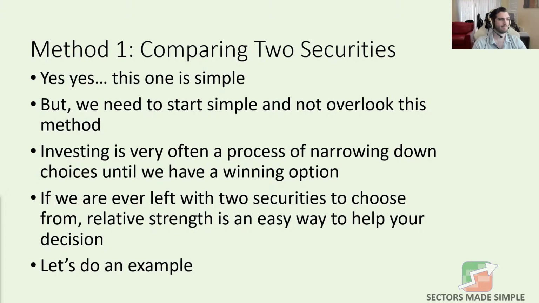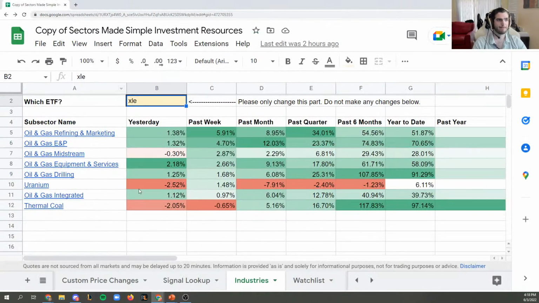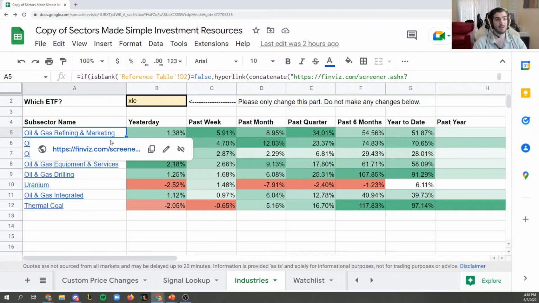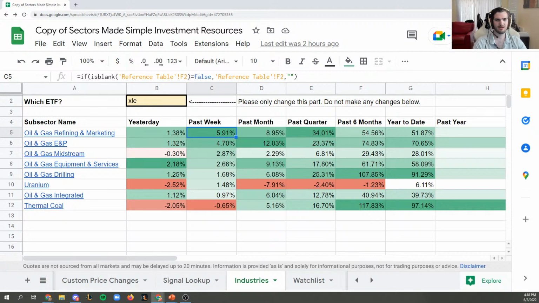Cool. Now, let's find the leading industry within the leading sector. So if we come over here to our investment resources spreadsheet and we plug in XLE, we see that the refining and marketing industry has been the industry that's seen the most positive change over the past week, going up about 6% in the past week, 9% in the past month, 34% in the past quarter. Cool.